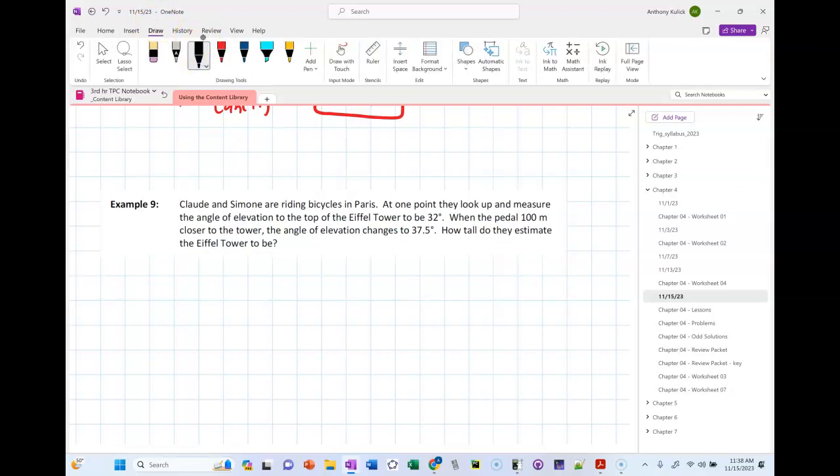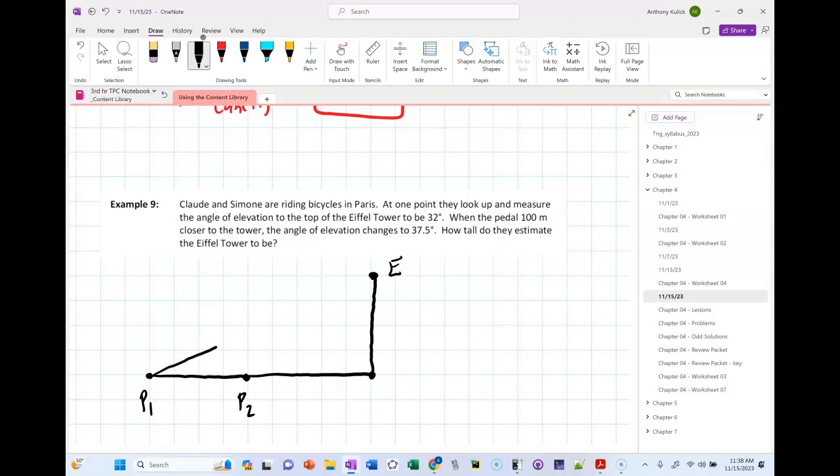So let's draw our picture. I'll make that E for Eiffel Tower. I'll call that P1 and P2 for the first point and the second point.